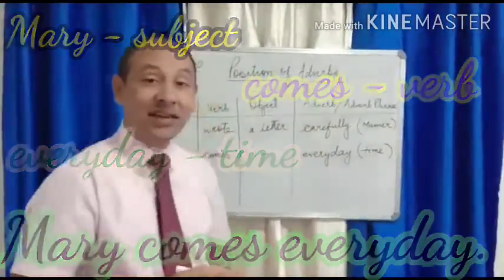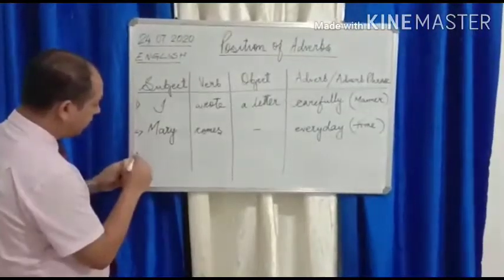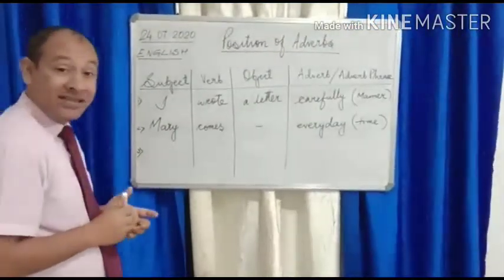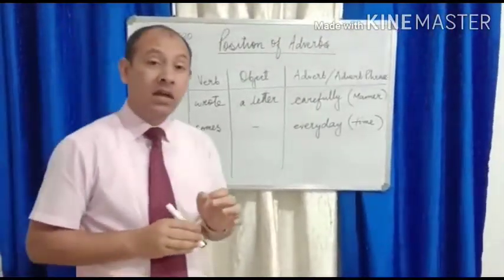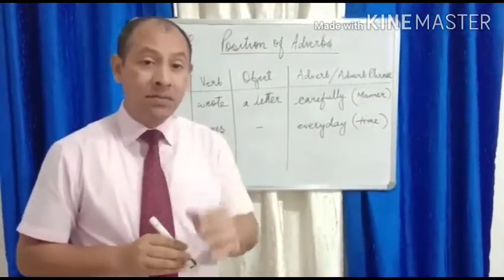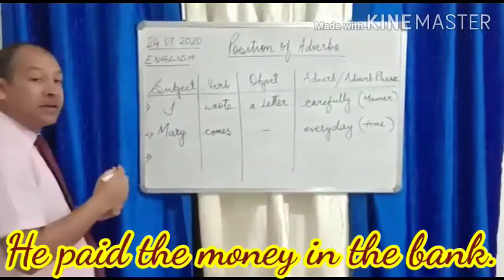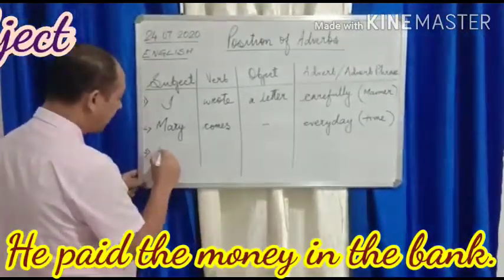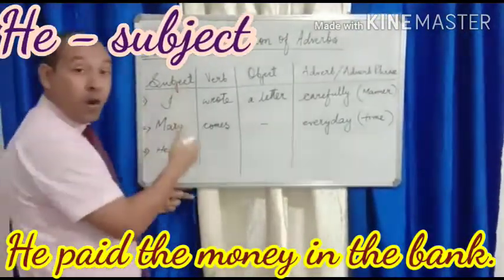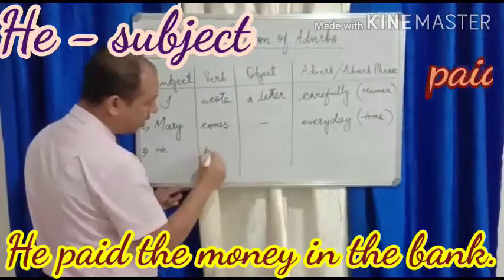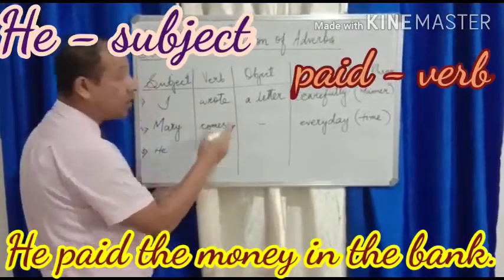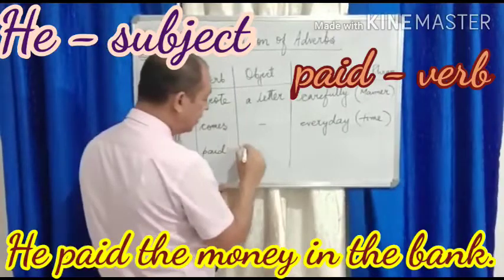Let's see the third example. The third sentence we have: he paid the money in the bank. Let us divide it. Subject becomes he, verb becomes paid, object here, the money.